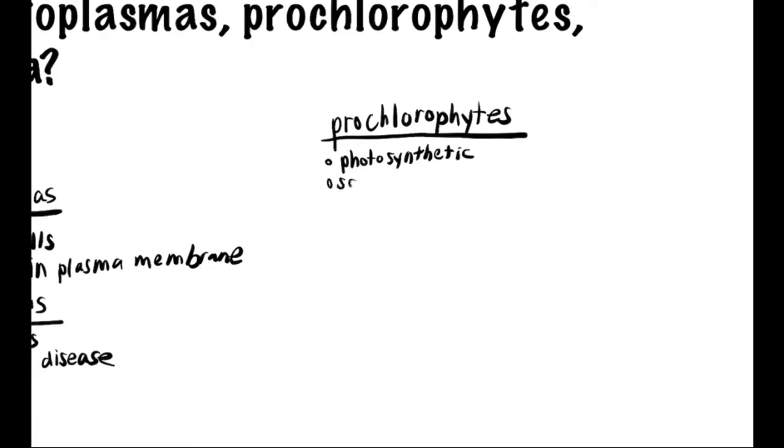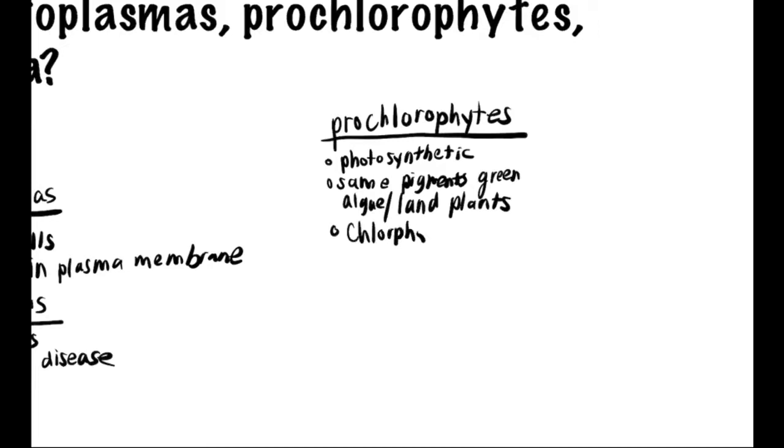They have the same pigments as the green algae and land plants, which are chlorophyll A, chlorophyll B, and carotenoids. This is just like the cyanobacteria, where it has a thylakoid membrane.